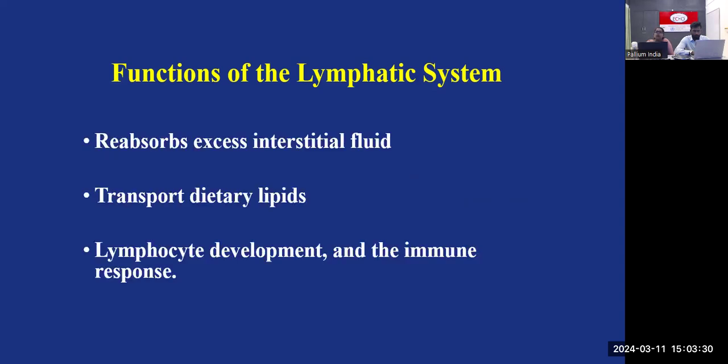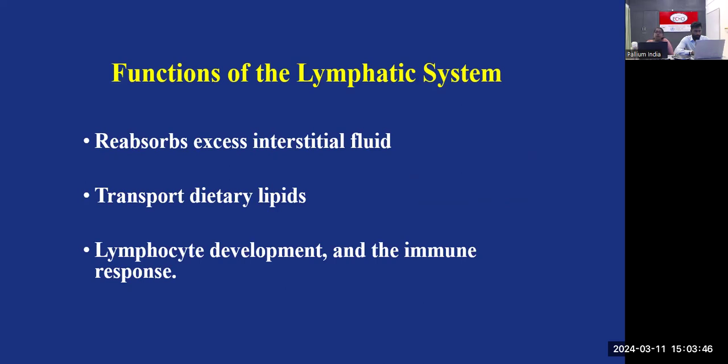So let's see the functions of the lymphatic system. There are three major functions. The first one is to reabsorb excess interstitial fluid. Whenever the arterial and venous capillaries are communicating together, there is a chance of fluid leaking out into the interstitial space.